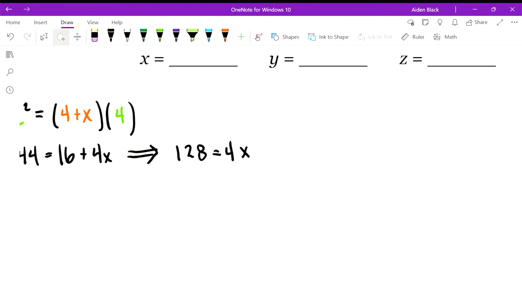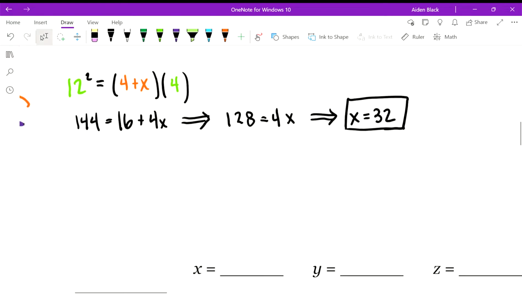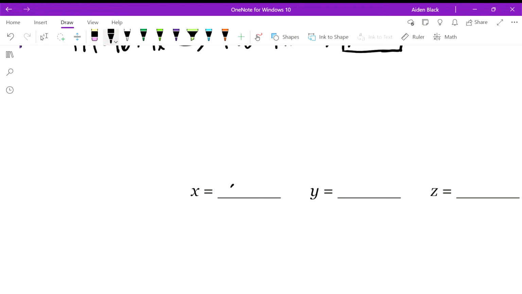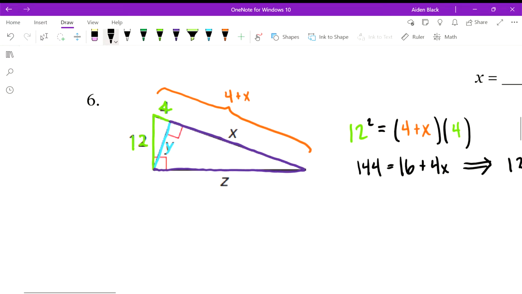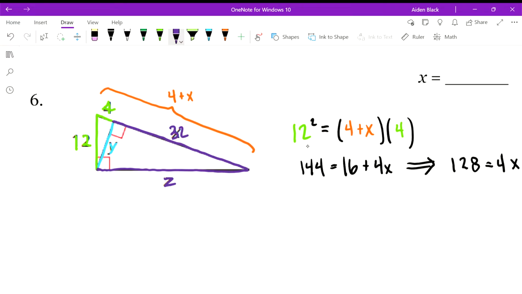We get x equals 32. Cool. So we can change this x here to 32. And then in that case we know the entire hypotenuse isn't 4 plus x, but rather it's 4 plus 32. So we get 36. Good.